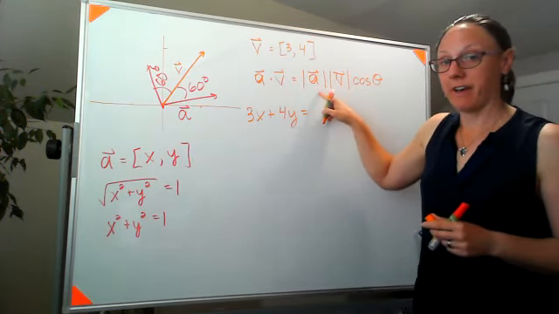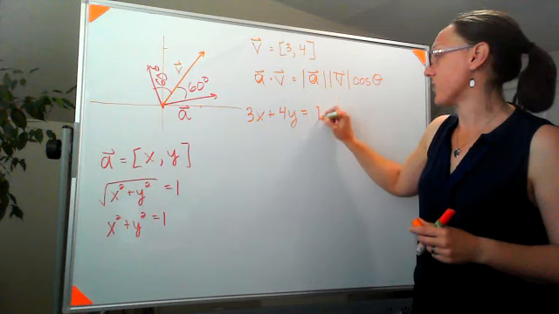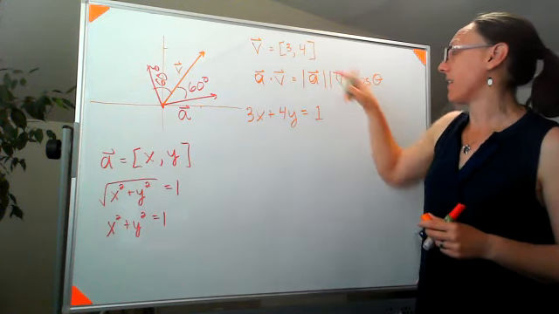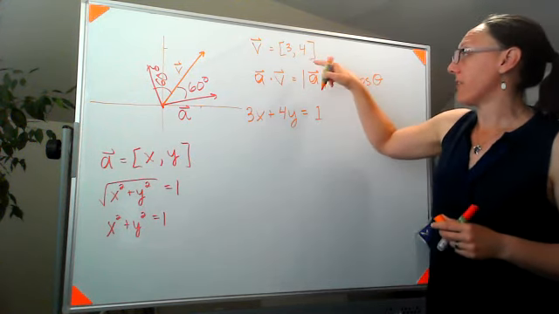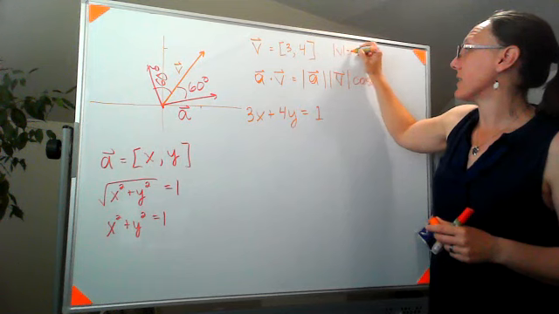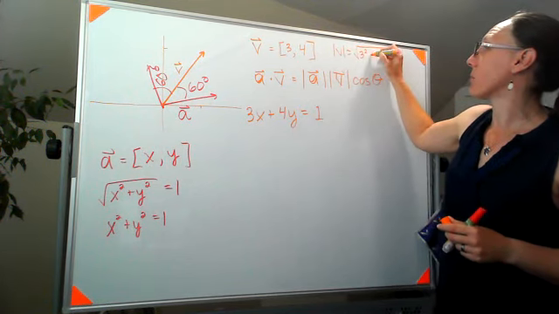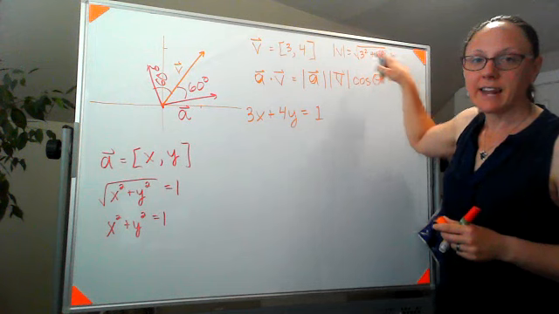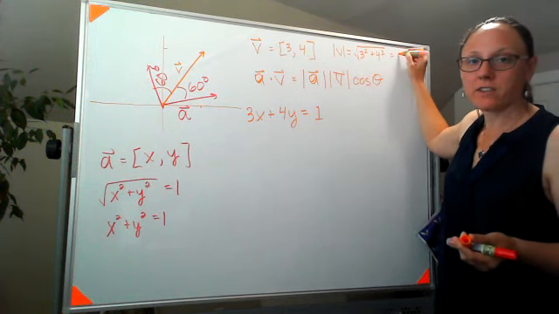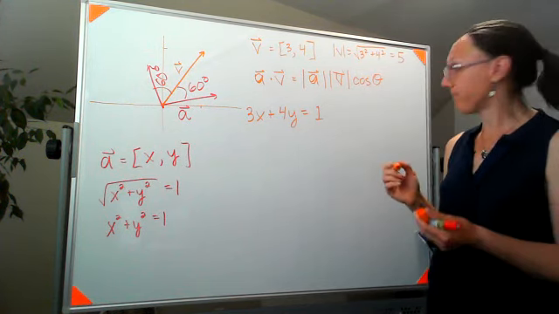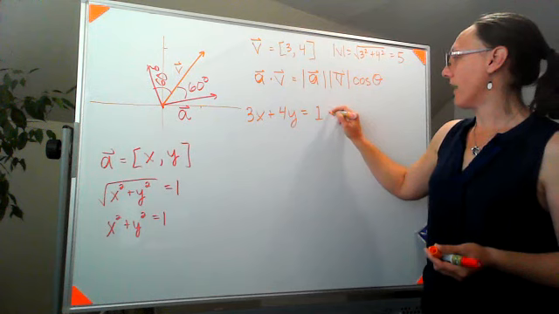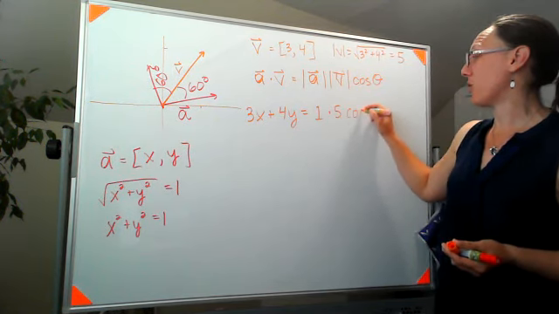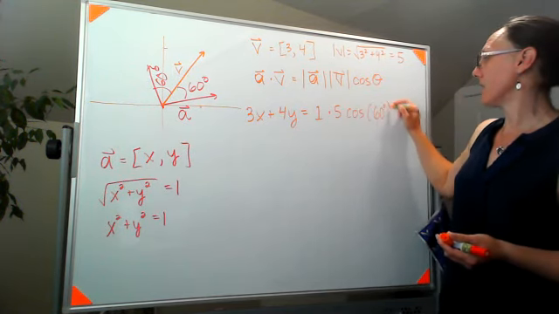Now the magnitude of a, because it's a unit vector, is just going to be 1. And the magnitude of v, we're going to find by doing the square root of 3 squared plus 4 squared. 3 squared is 9, 4 squared is 16. Add those together, I've got 25 under the square root, or a value of 5. So now I've got 1 times 5 times cosine of 60 degrees.